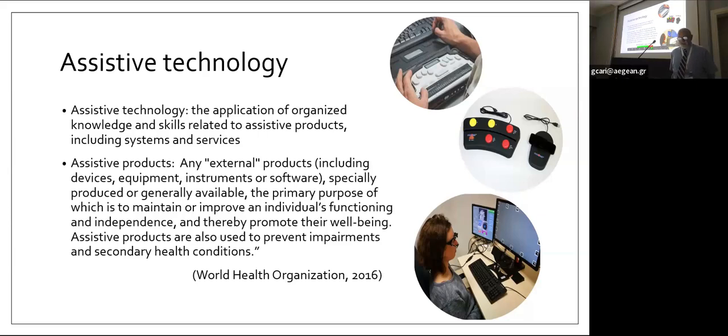And an assistive product is any external product, including devices, equipment, instruments, or software, specifically produced or generally available, the primary purpose of which is to maintain or improve the individual's functioning and independence, and thereby promote their well-being. Assistive products are also used to prevent impairment and secondary health conditions.